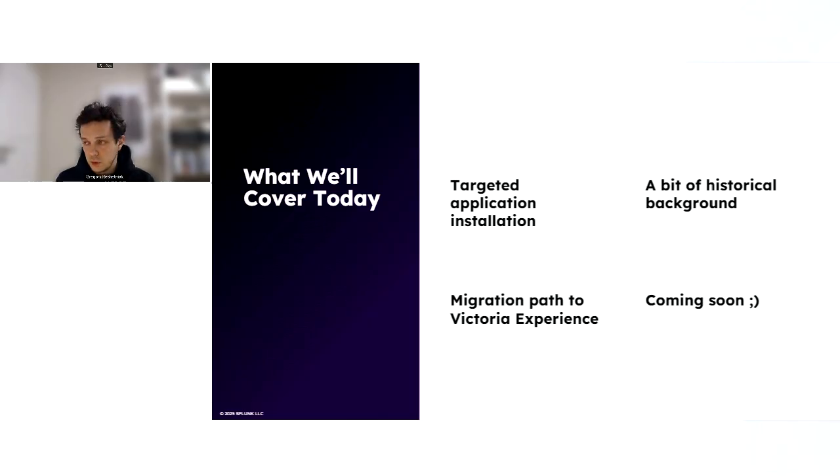We'll also introduce things on our roadmap that are connected with this feature, and obviously we'll have a demo in the middle. We will have an actual recording of a search head with this feature turned on, so you can see how to use it. And we'll have a Q&A session at the end. If you have any questions, please use the Q&A functionality, and we're going to be addressing all of that at the end of the session.